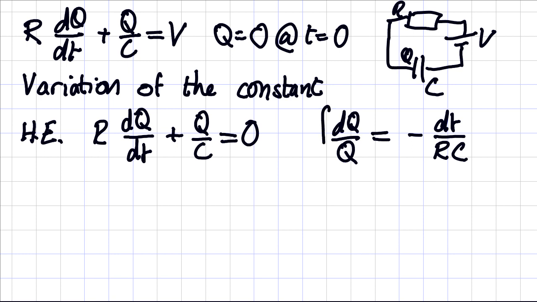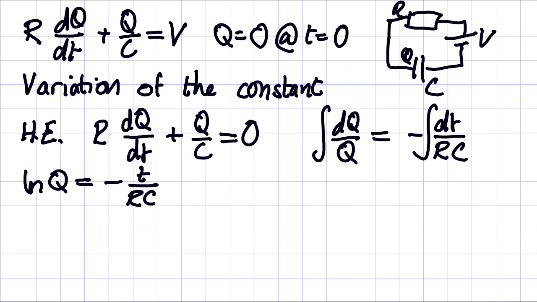We can integrate each side to get that the natural logarithm of Q is equal to minus t over RC plus the constant of integration, which I'm going to call A. To isolate Q, I'm going to take the exponential of each side.